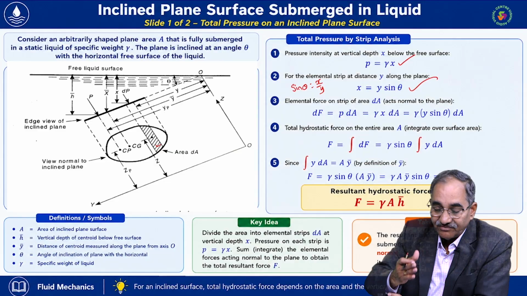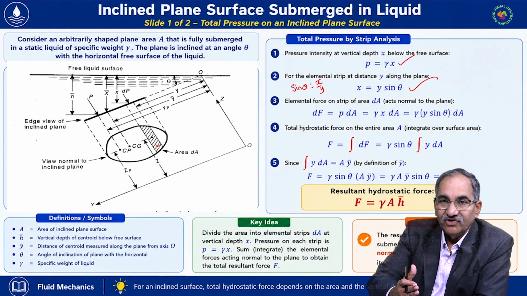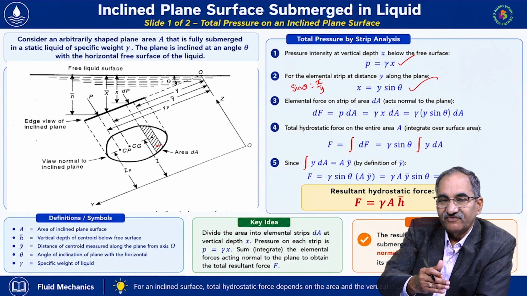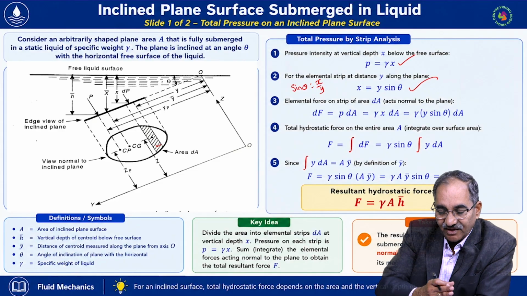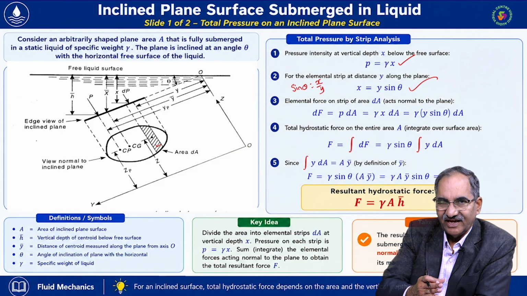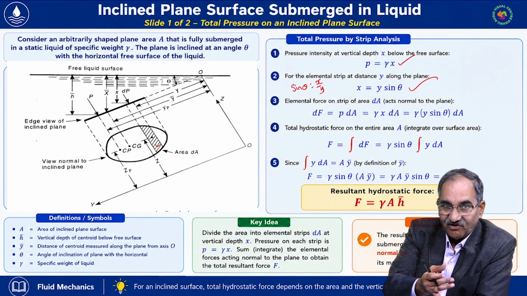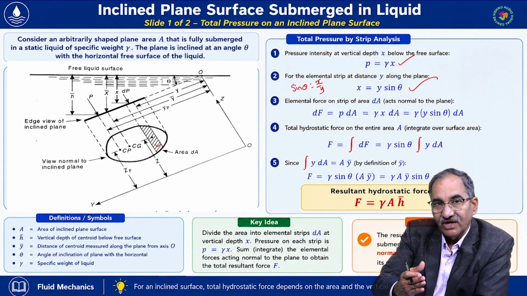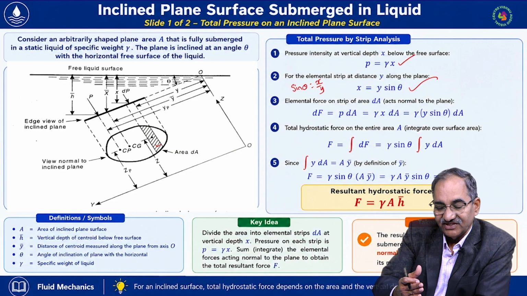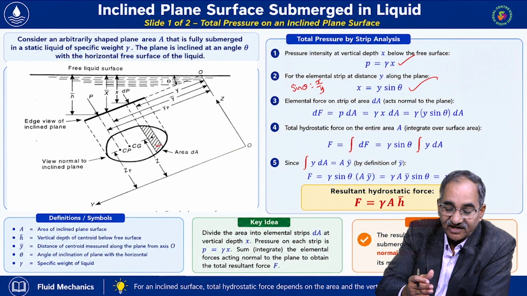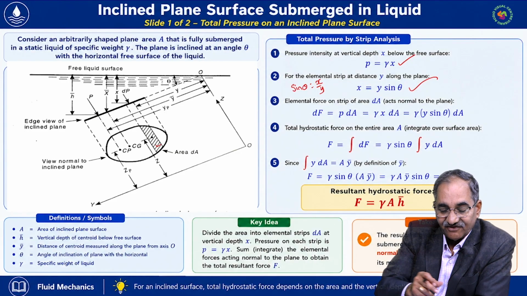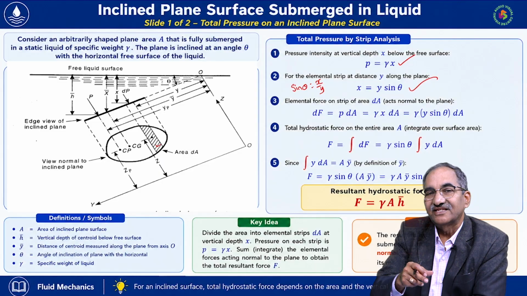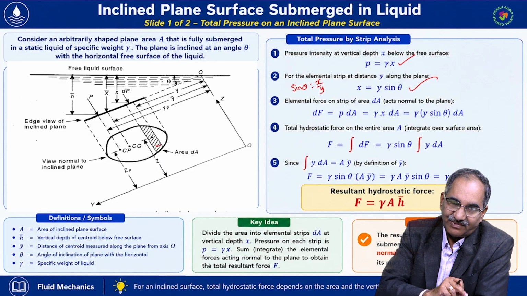You need to explain how you have taken OO, because for the inclined plane surface, when you are taking the moments, the perpendicular distance has to be taken, but here it cannot be taken for the free liquid surface. That is why we have created an imaginary free surface such that, for that imaginary free surface, this inclined plane is as good as a vertical plane surface.